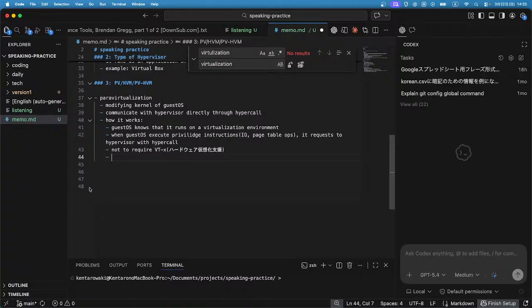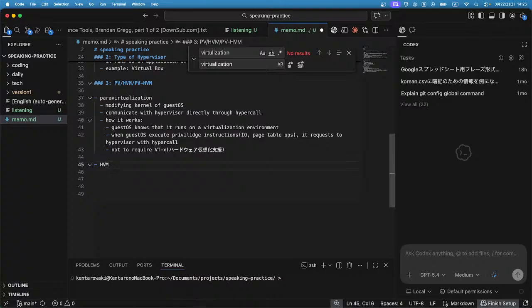So this is the old type of technology, right? AWS recommends to migrate from PV to HVM. So let's move on to HVM.